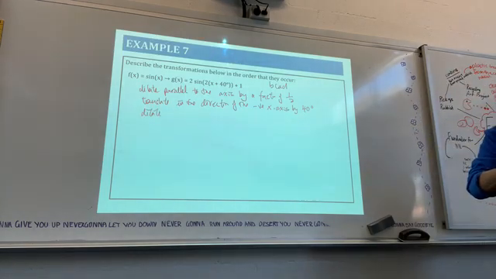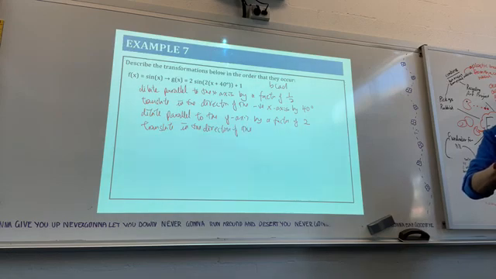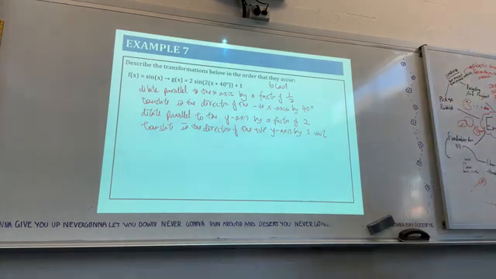Dilate parallel to the y-axis by a factor of 2 and then translate in the direction of the positive y-axis by 1 unit. Alright? Always make sure you follow the steps.